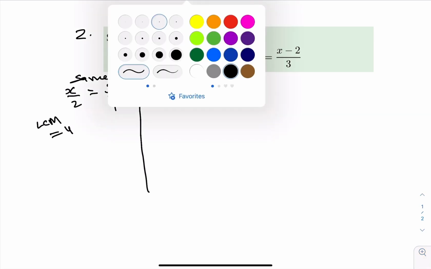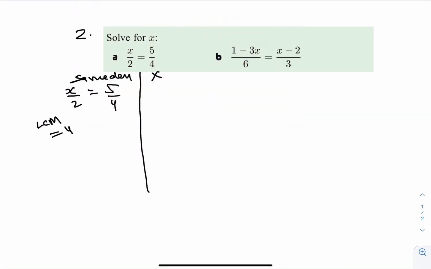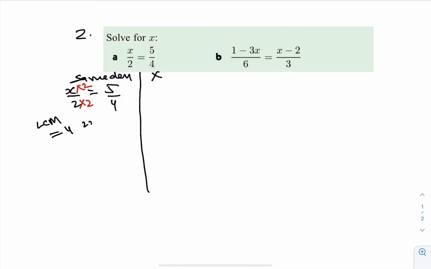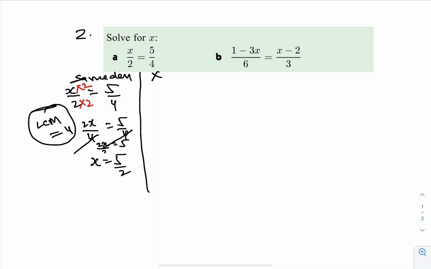So we will multiply the left hand side by 2. So we get 2x divided by 4 is equal to 5 divided by 4. The 4s cancel out. So 2x is equal to 5, and in the next step we will divide both sides by 2. So x is 5 over 2, or 2.5.